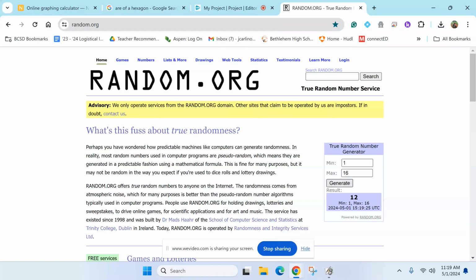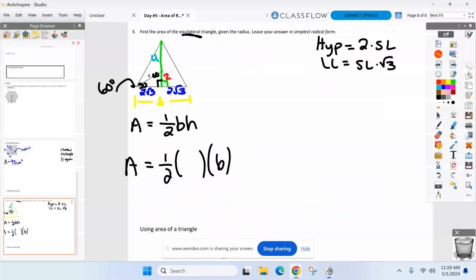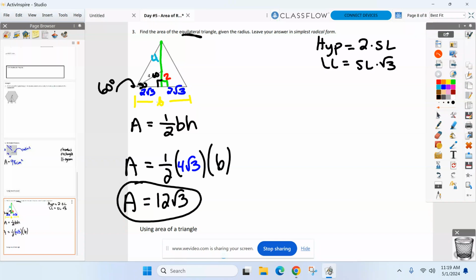Olivia? 4 radical 3, yep. And we leave our answer in simplest radical form. So what's that going to be? Half of 24 is 12 radical 3. No units on my diagram, so I won't expect any on your area.